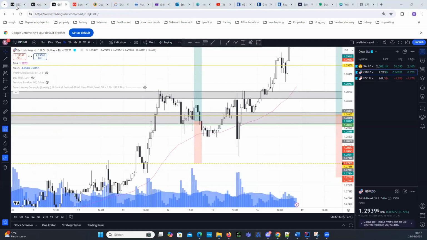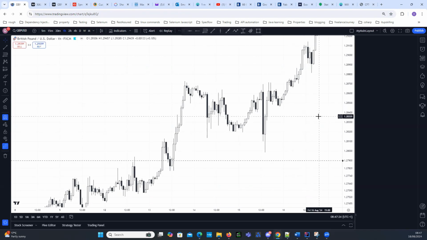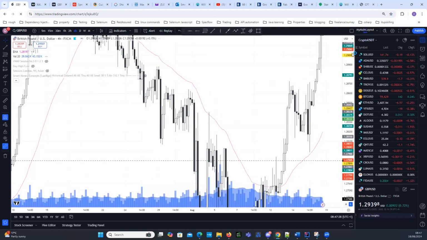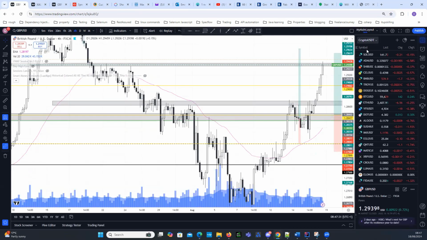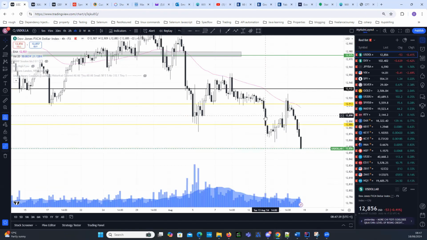If I show you the US dollar index, it's been looking so bearish for some time. As you can see in the 4 hour time frame, it's vulnerable to go down, and then here you pull back, and now it's coming down.